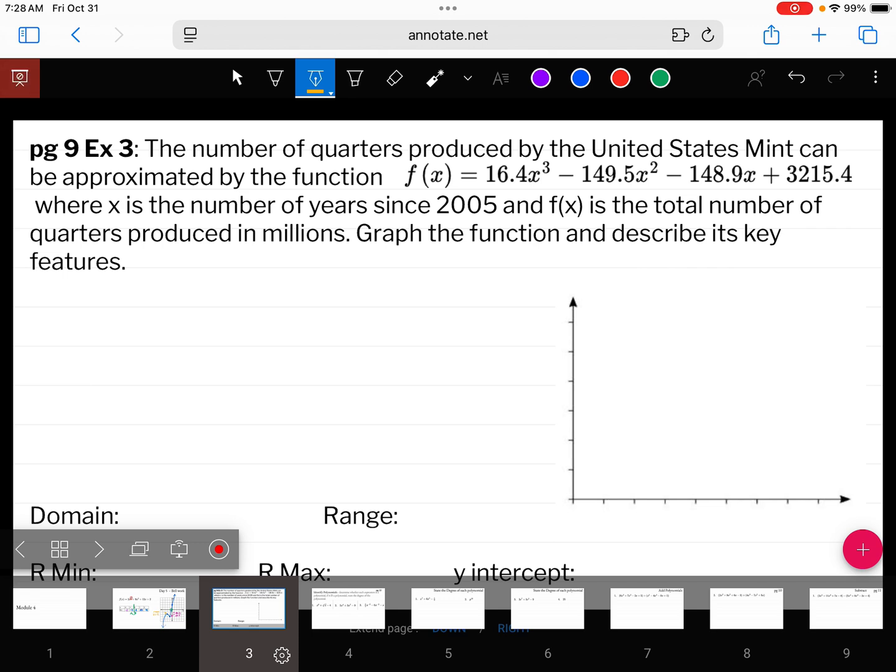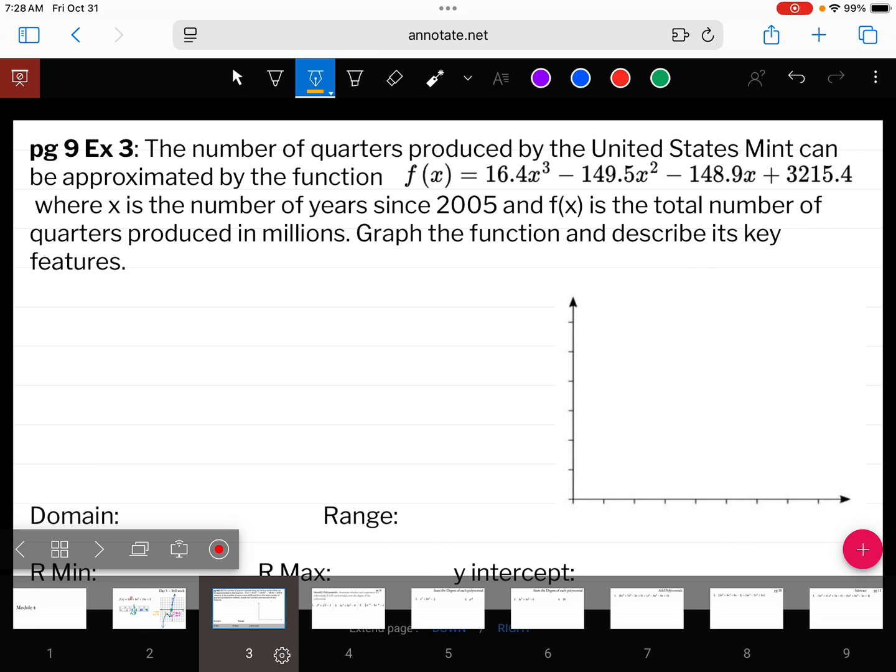So the number of quarters produced by the U.S. Mint is approximated by this. So they make a whole bunch of quarters. And they have enough information that they have tabulated that data and found polynomials with it. That is a thing that the data scientists do. Sometimes for fun, sometimes for reasons. But it is what it is.